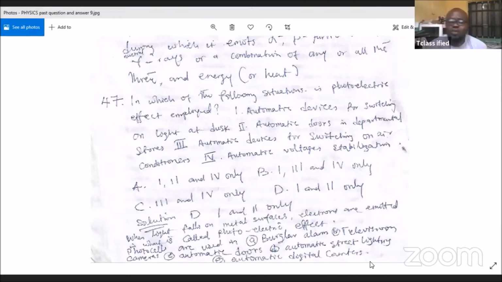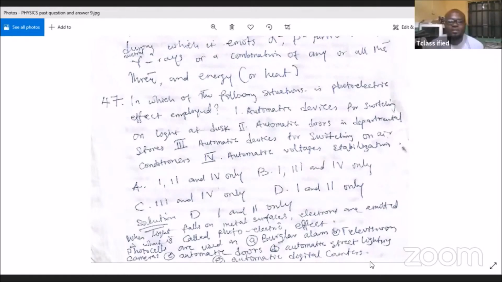So where can we have photocells employed? Photocells can be used in burglar alarms, in television cameras, and in automatic doors like the departmental doors in the options.